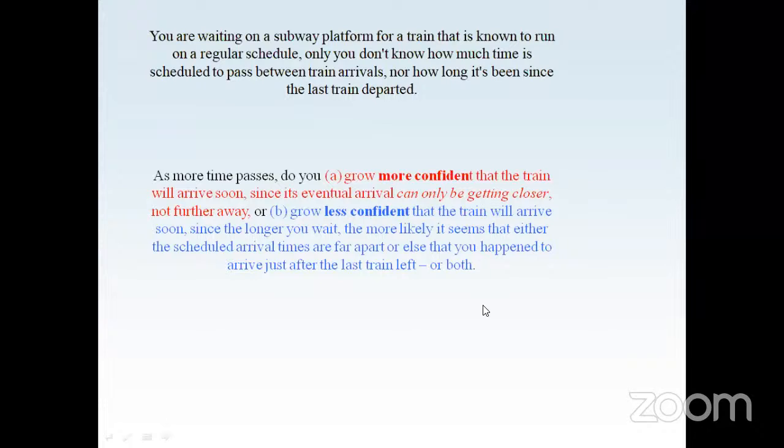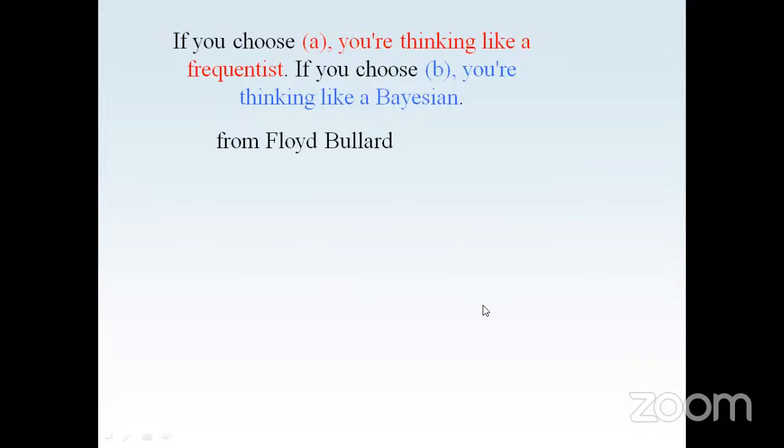One is to grow more confident that the train will arrive soon, or to grow less confident, since the longer you wait, the more likely it seems that the scheduled arrivals are far apart, meaning the time between trains is very long, or you arrived just as the train had left. Okay, if you choose A, you are thinking like a frequentist, or if you choose B, you are more thinking like a Bayesian.